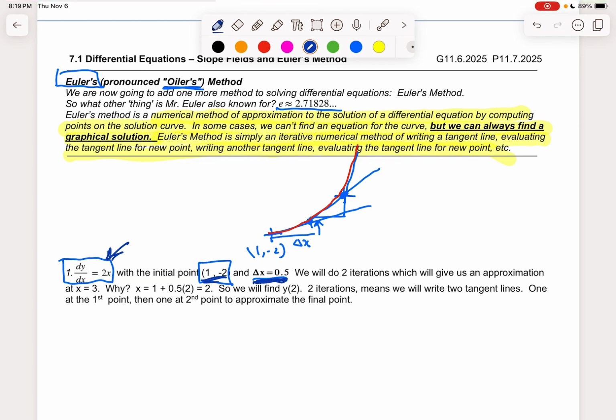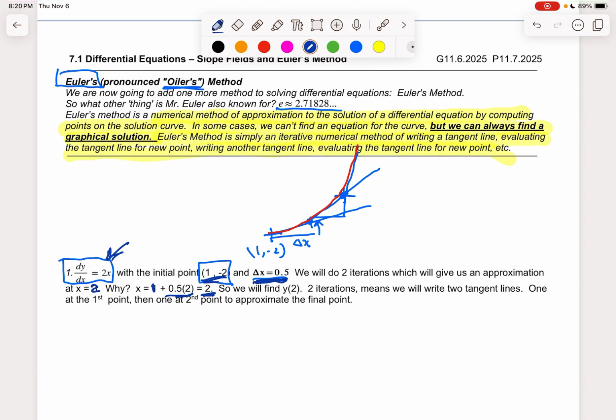With 2 iterations, we get an approximation at x equals 2, because I start at 1 and go over a half twice, adding 1, for a final location of 2. If I did 4 iterations, 0.5 times 4, I'd get to 3, but we're only going to do 2.